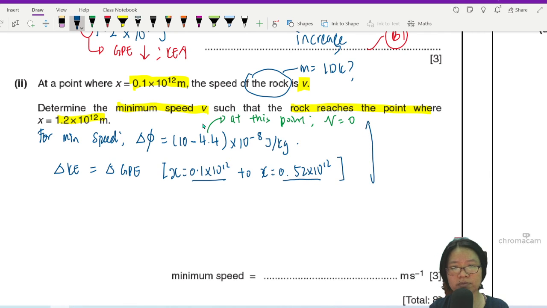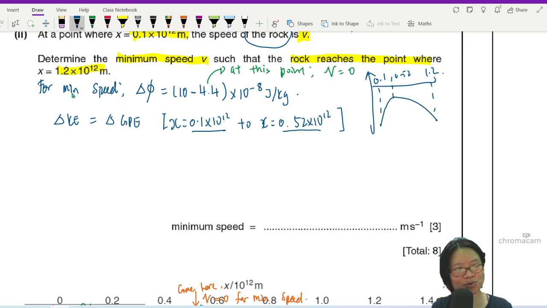So again, we're just going to move from here, 0.1, to the turning point here, 0.52. Somewhere here is 1.2 and we don't care. All right, so kinetic energy is half mv1 square minus half mv2 square.